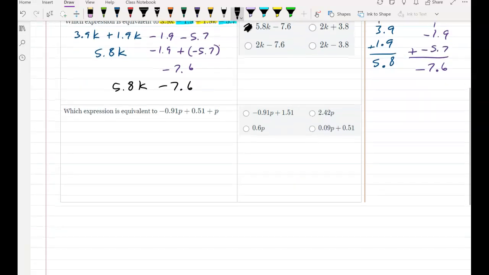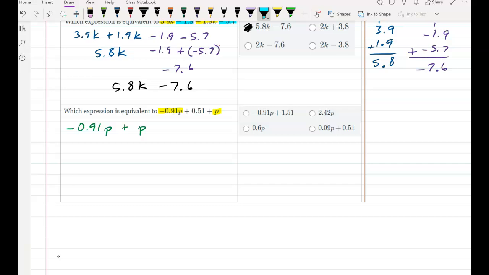All right, and here we are at our last one. Let's match up these expressions, combining our like terms first. The very first term is a negative 0.91p, and over here I see another p, so I'm going to combine those together. So negative 0.91p plus p.